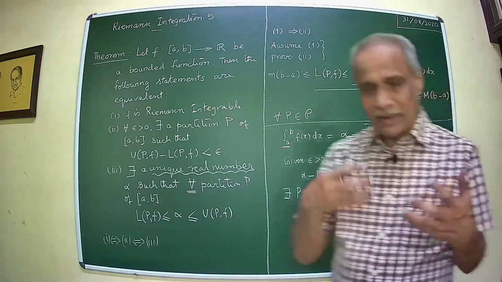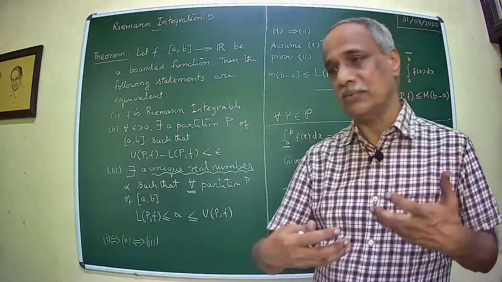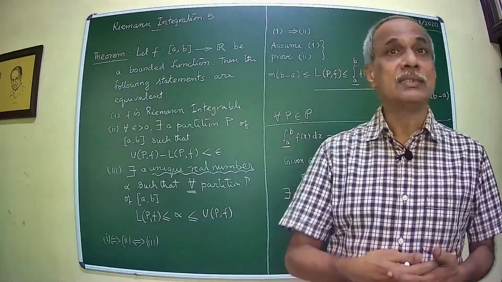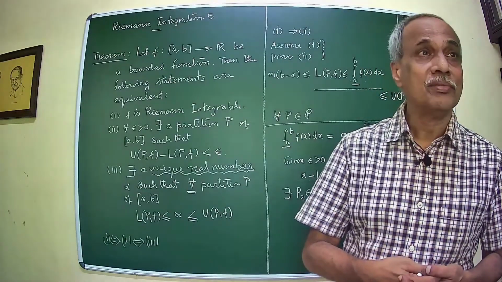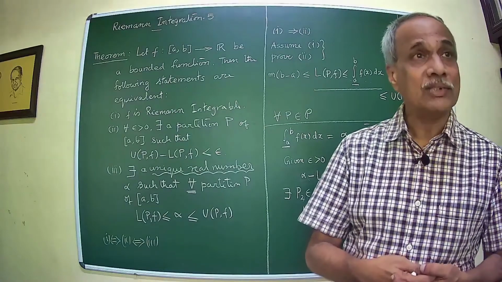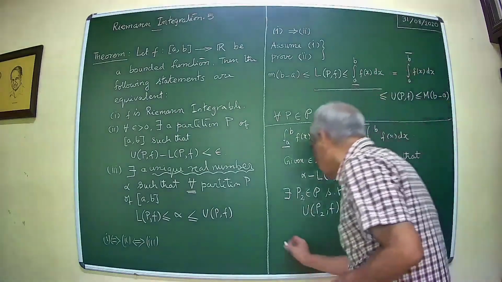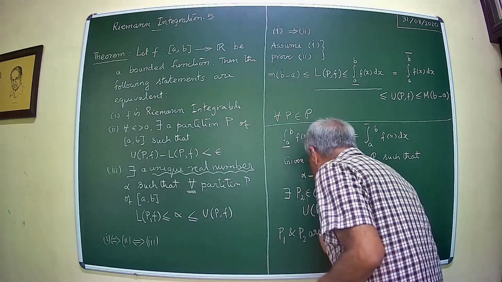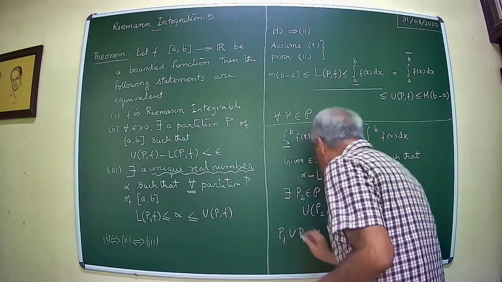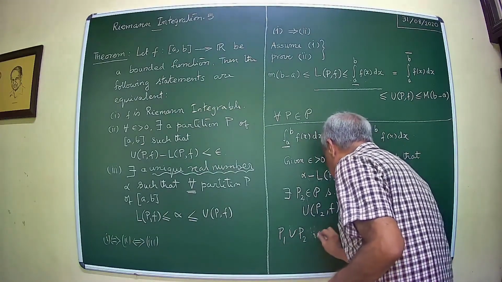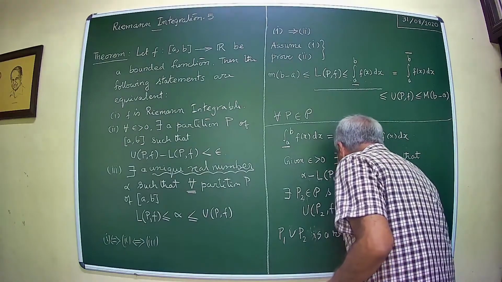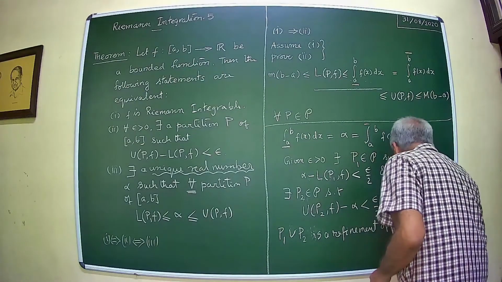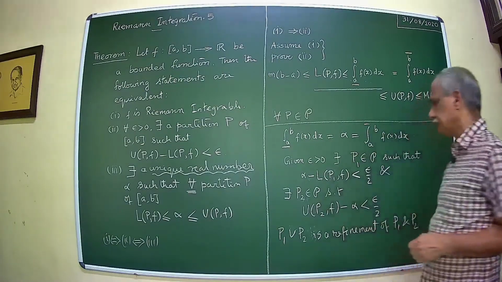You see that if you have a P1 and P2, both are partitions of the interval AB, then P1 union P2 is a refinement of P1 as well as P2.